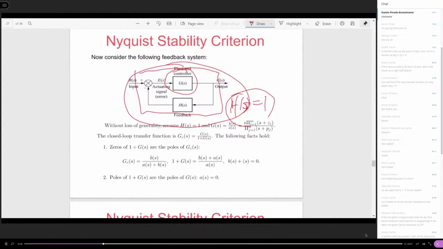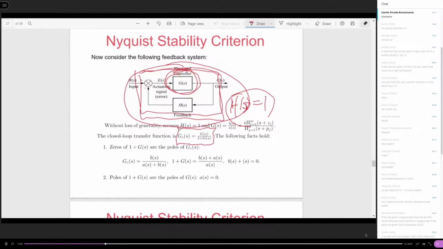In Control 1, I said many times that it would be better if we know the information of G(s), the open loop system, because then I can predict what's going on for the closed loop. As long as I know the open loop information, I can predict what happens for the closed loop system.